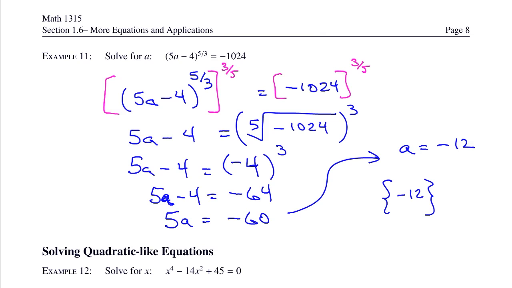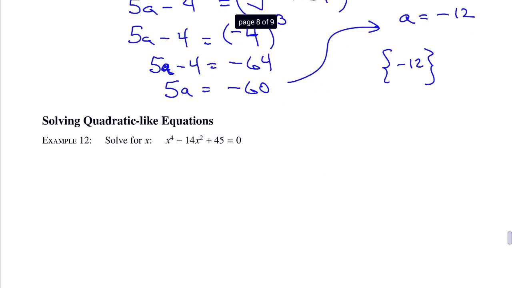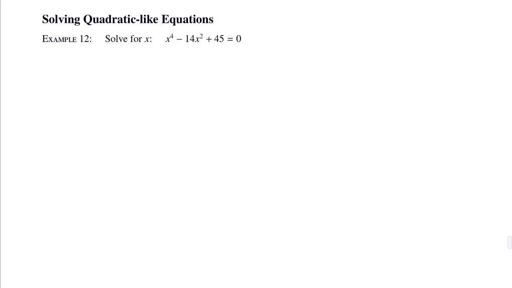In the next section, we're going to solve quadratic-like equations. If we look at example 12, we have x to the fourth minus 14x squared plus 45. Now this is not quadratic because the highest power is not 2. The highest power is the fourth power.